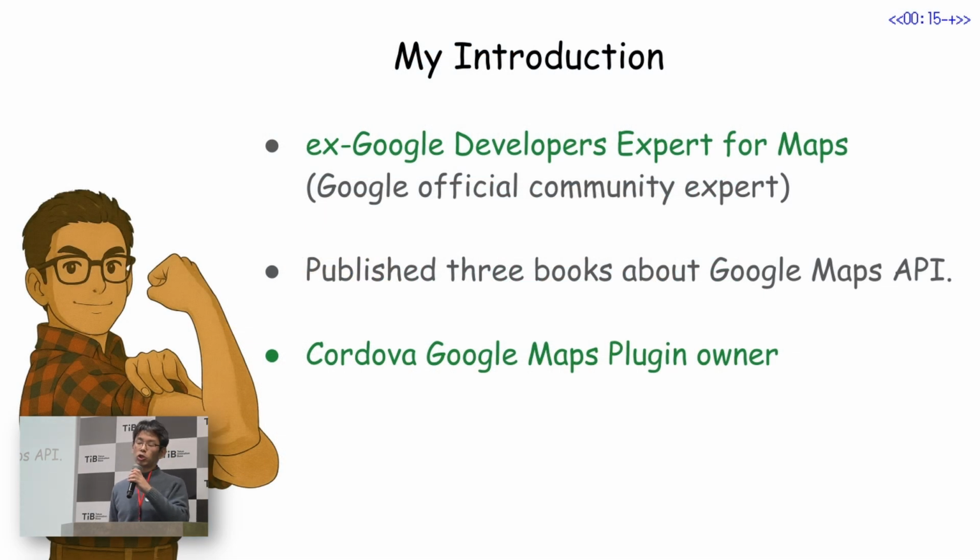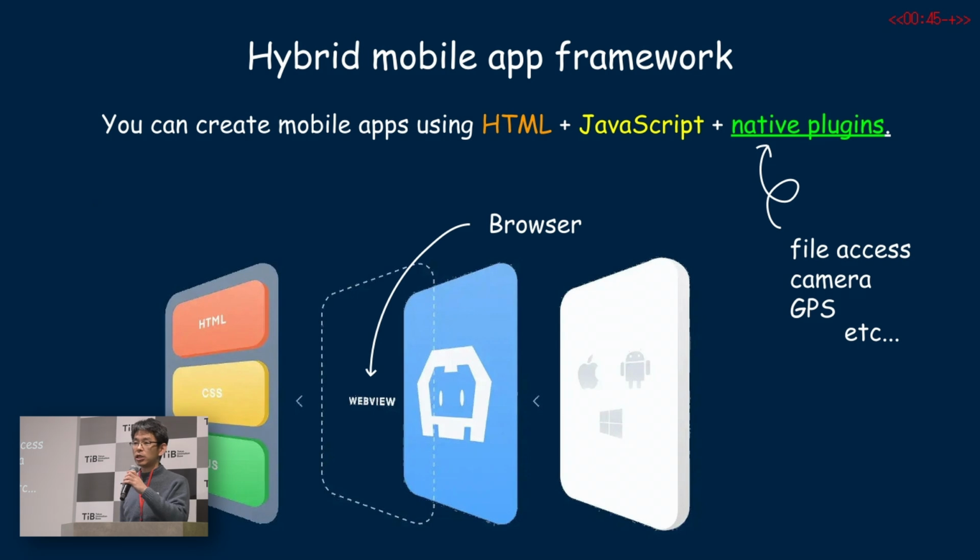Let me introduce myself very quickly. I used to be a Google Developer Expert for the Google Maps API, and I also created a Cordova Google Maps plugin. Have you ever heard about Cordova? Oh, some people. Yeah, it's already deprecated, right? Yeah, 10 years ago the framework was very useful.